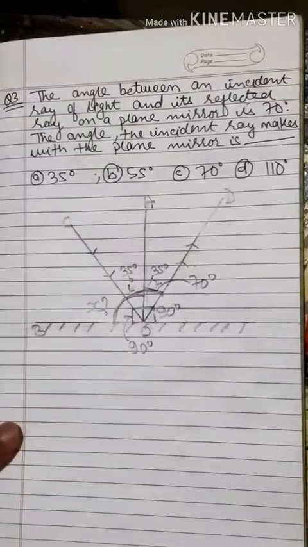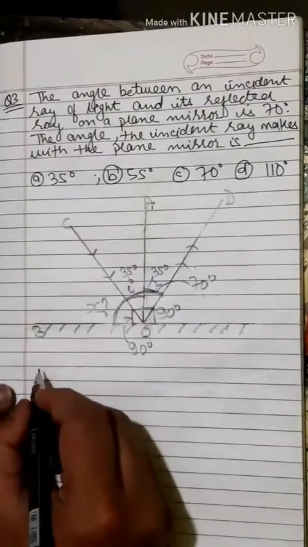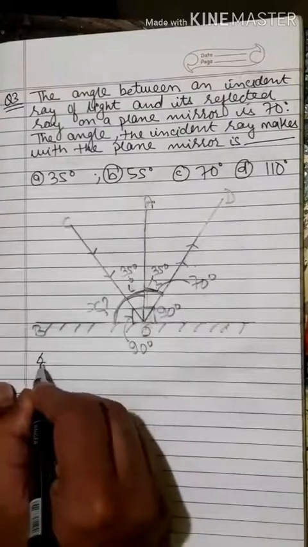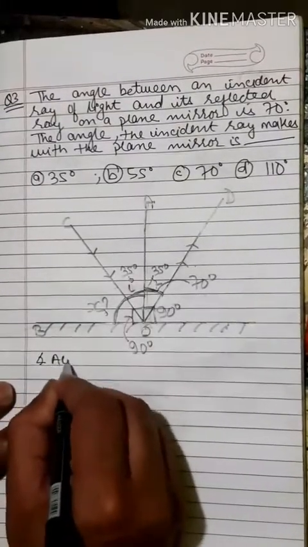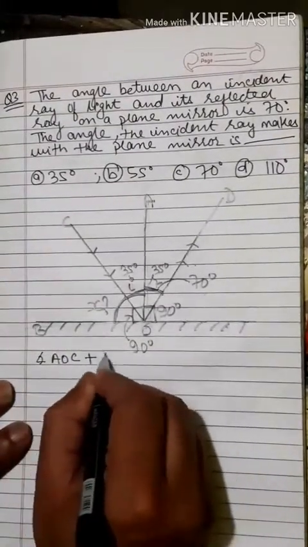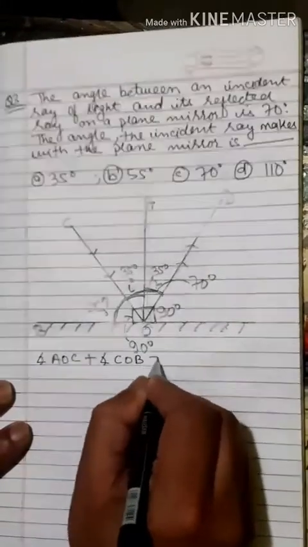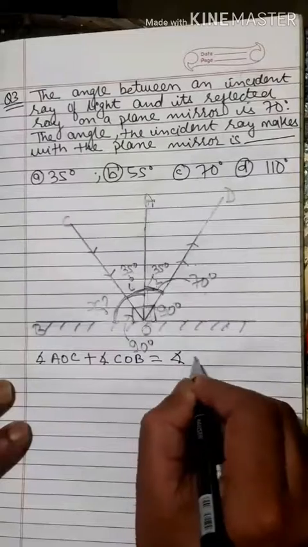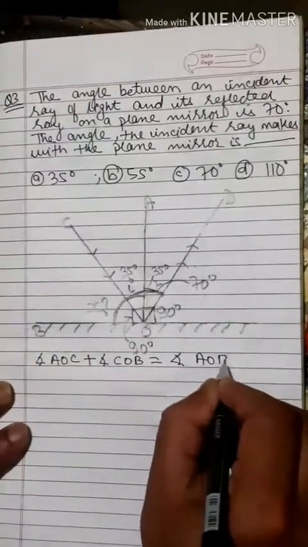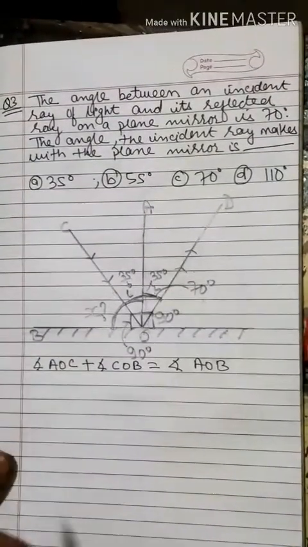So let us write it down. Angle AOC plus angle COB is equal to angle AOB. What does this mean?